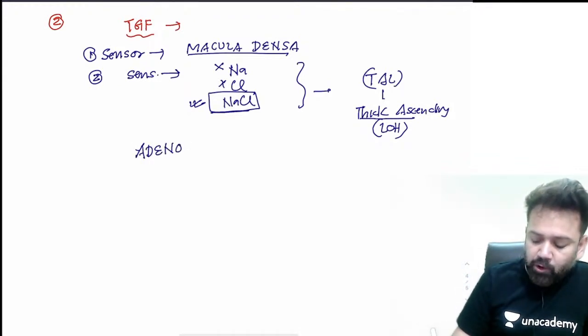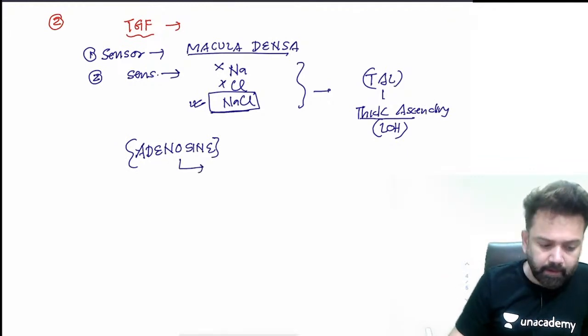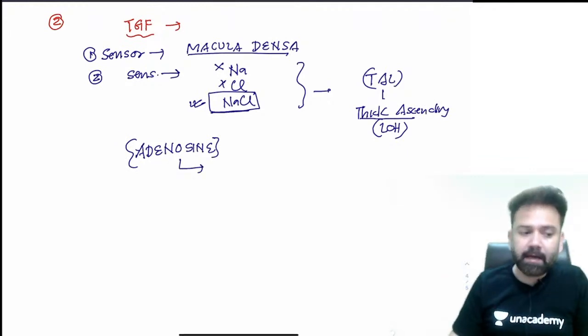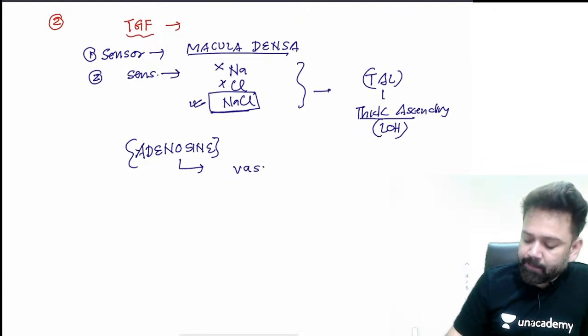So who is the ligand here? Ligand is not calcium. Adenosine is released from macula densa, and this will cause again the same vasoconstriction of afferent arteriole.